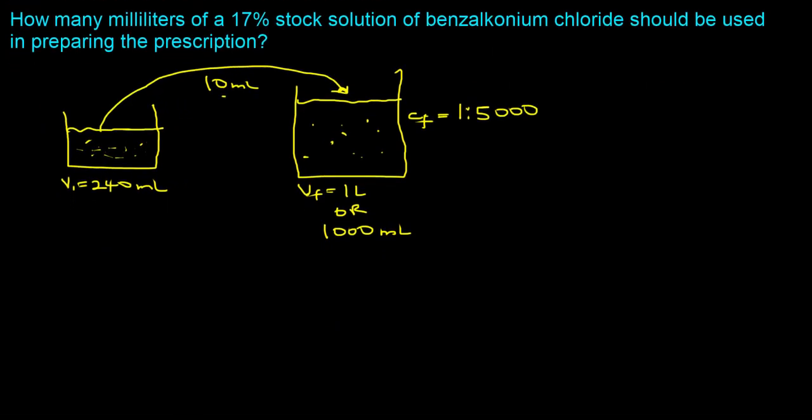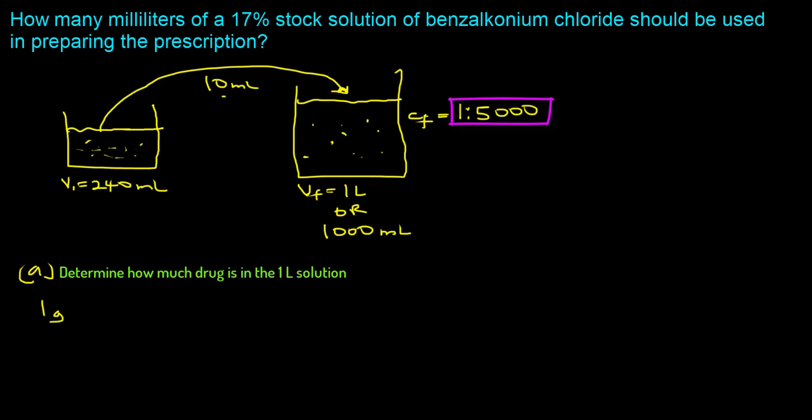So the first step in our solution is to determine how much drug is in the 1 liter solution. And the way we do that is to make use of the ratio strength, which is 1:5,000. And the 1:5,000 implies that you have 1 gram of benzalkonium chloride in 5,000 milliliters of solution. But what we ended up preparing was a 1 liter solution, or 1,000 milliliter solution.